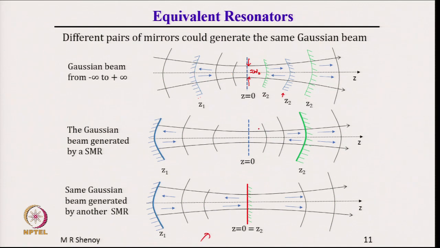In all the three figures, the Gaussian is the same, but the mirrors used are different. Here there are different mirrors, here there is a different pair of mirrors, and here there is a different pair of mirrors, but the Gaussian generated will be the same.